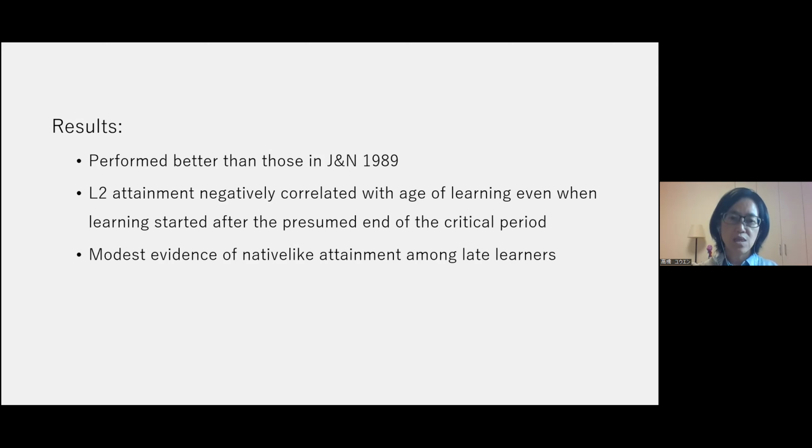Which means that the age effect continues even after, say, puberty. So they just keep continuing. There's no clear end point for the critical period. And also, they found some evidence of native-like attainment among even the late learners.